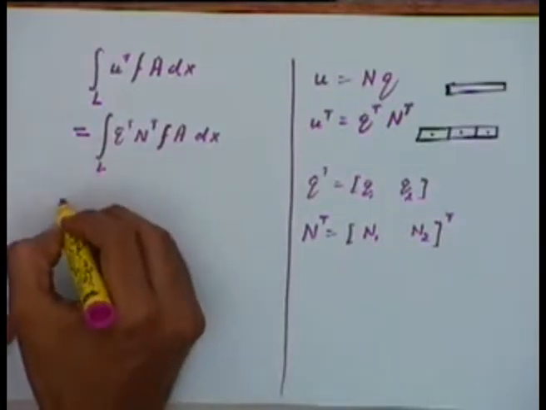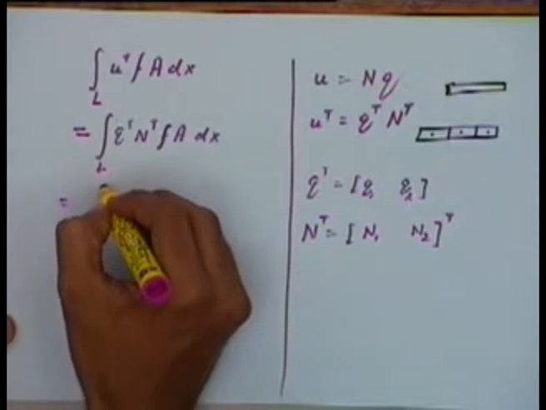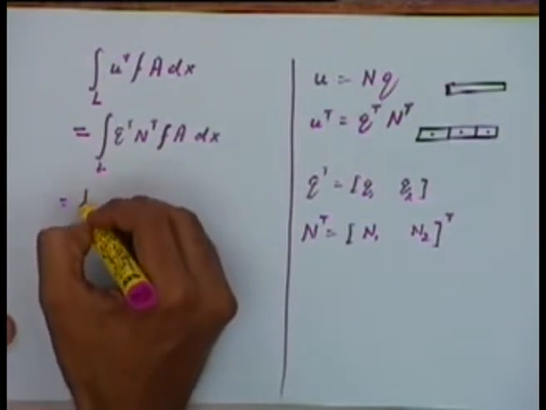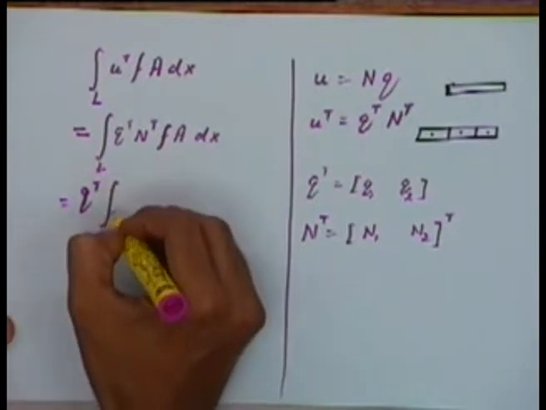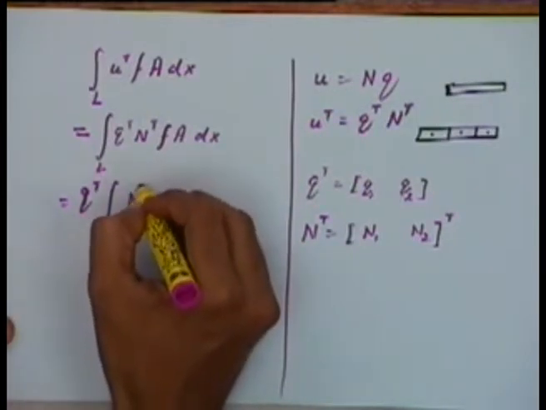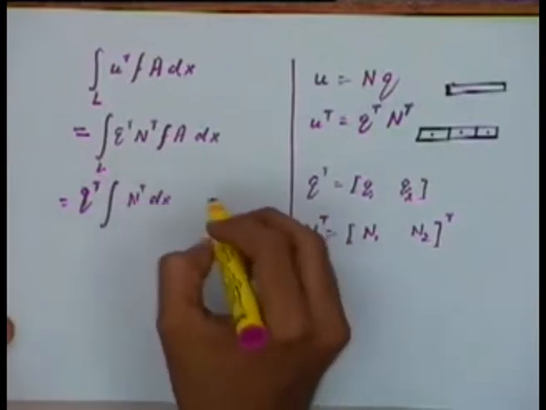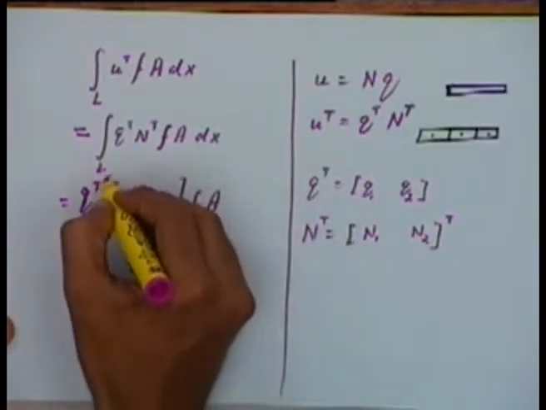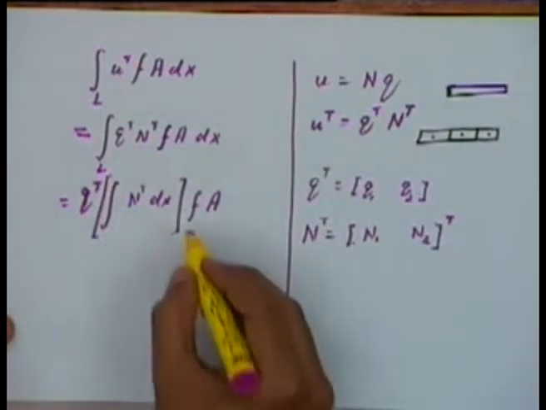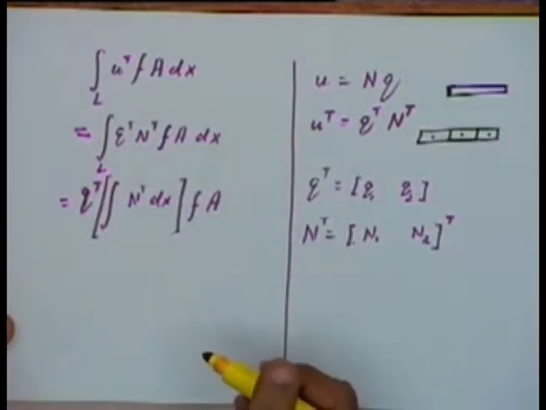So this will become Q transpose into the integral of N transpose dx multiplied by F into A. F and A are also constants.